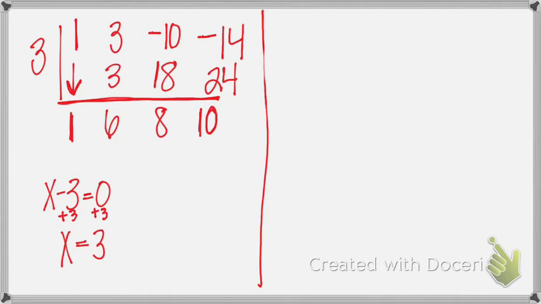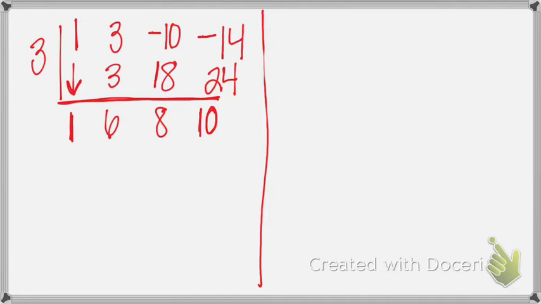Now you can look at this two ways. You can look and see that your last number is always your remainder. So the last number is a 10, so the remainder is 10. Or you can write out the quotient. When you do the quotient, is the power 1 more or 1 less? 1 less, right?